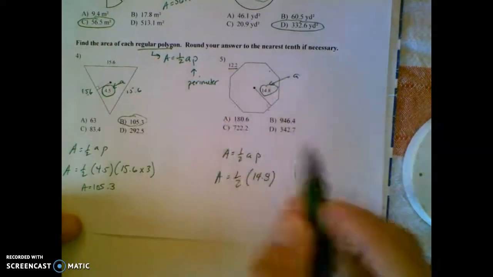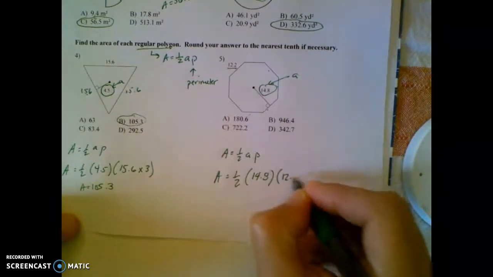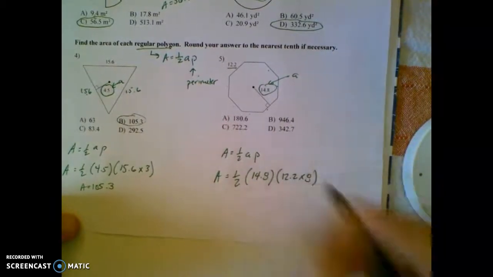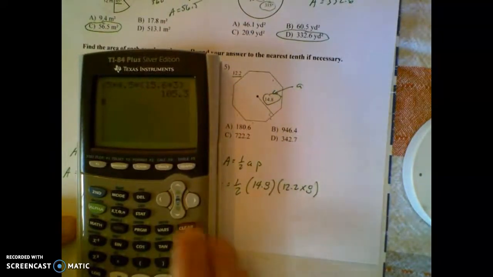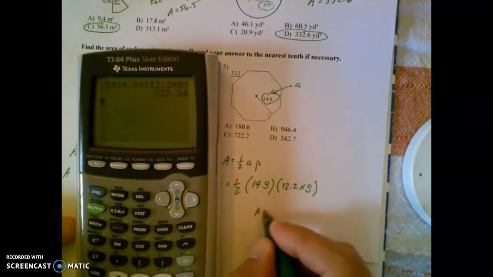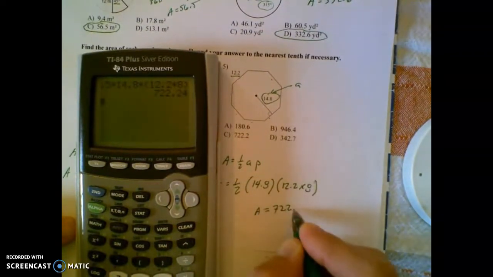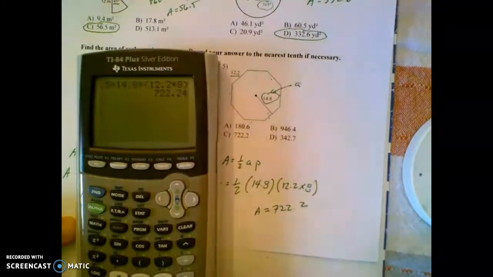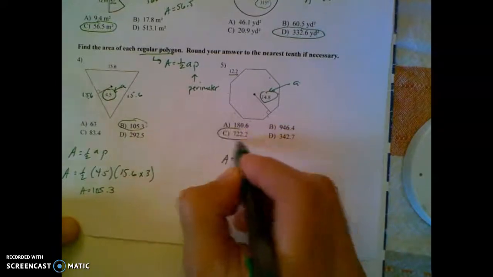Perimeter is 8 sides of 12.2, so I'll do 12.2 times 8 sides. Again, go to your calculator. I'm going to do 0.5 times 14.8 times 12.2 times 8. And that gives me 722.24, which would just round to 722.2. So that is option C.